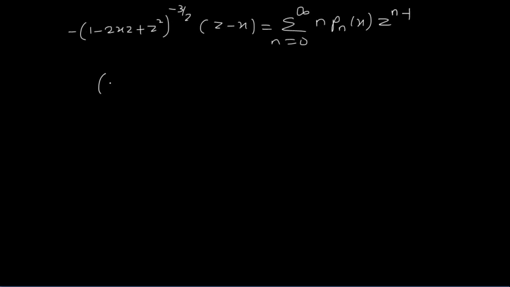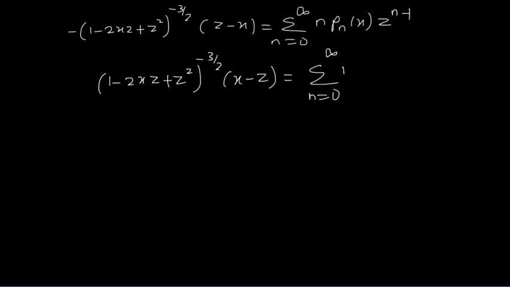So this can be written as 1 minus 2xz plus z square raised to minus 3 by 2, again this becomes x minus z, summation from n is equal to 0 to infinity n into Pn of x into z raised to n minus 1.